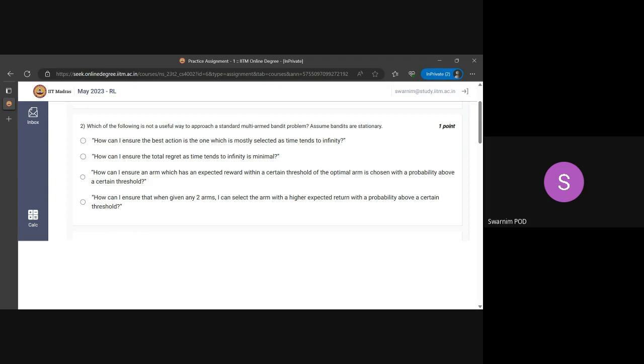What do you say? That would mean you're just exploiting, right? No exploring at all. That may not be true. See, the ensuring part, how can I ensure the best arm is pulled many times or mostly as time tends to infinity, it internally indicates that there is some exploration needed, because without exploration, you cannot find the optimal.